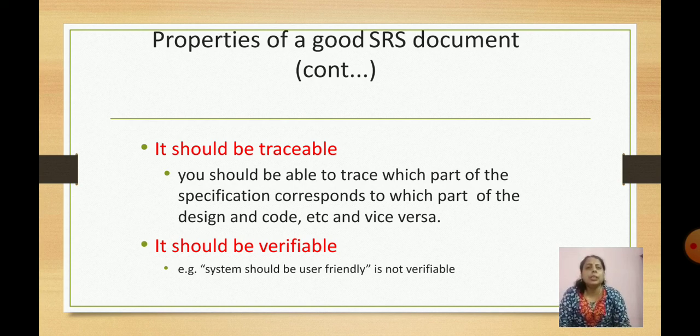Example, the system should be user friendly, but user friendly cannot be checked, okay, so it is not verifiable. So always write verifiable conditions in the SRS document. So these are the characteristics of a good SRS document.